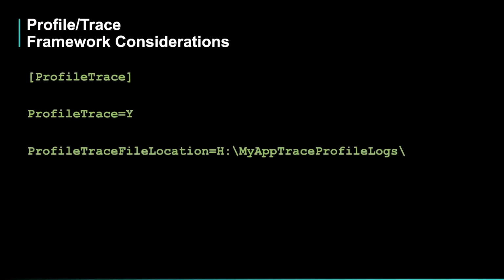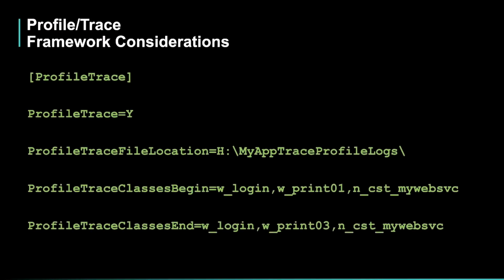Okay, so for what scenario have we provided with this framework proposal? Let's come back to the INI file slide and let's look at the begin trace classes and the end trace classes. The use case is that your QA folks, your beta testers, perhaps even your production users are experiencing anomalous behavior, either overt errors or degradation of performance.